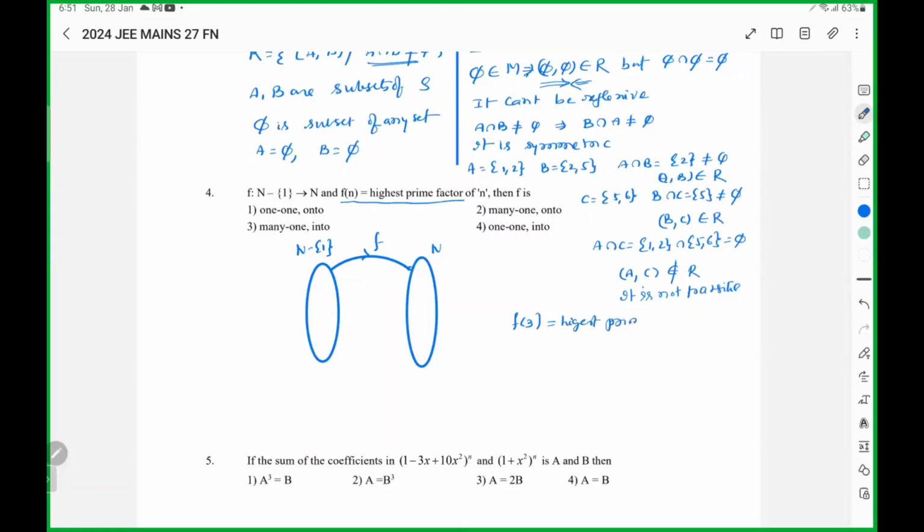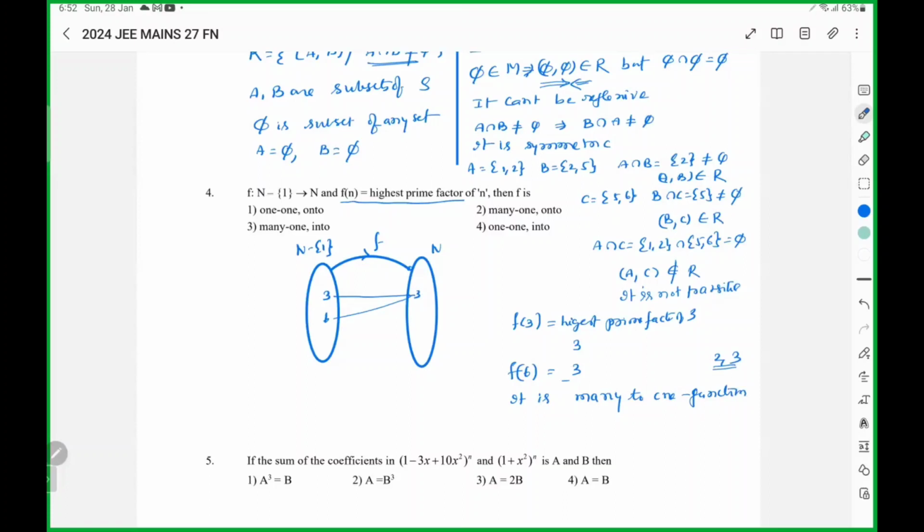The highest prime factor of 3 is obviously 3, no other prime factor is there. Factors are there, but prime factors. For f of 6, the possible prime factors are 2 and 3, the highest prime factor is 3. That means for 3 it is 3, for 6 also it is 3. So more than one element has the same image, so it is a many to one function.